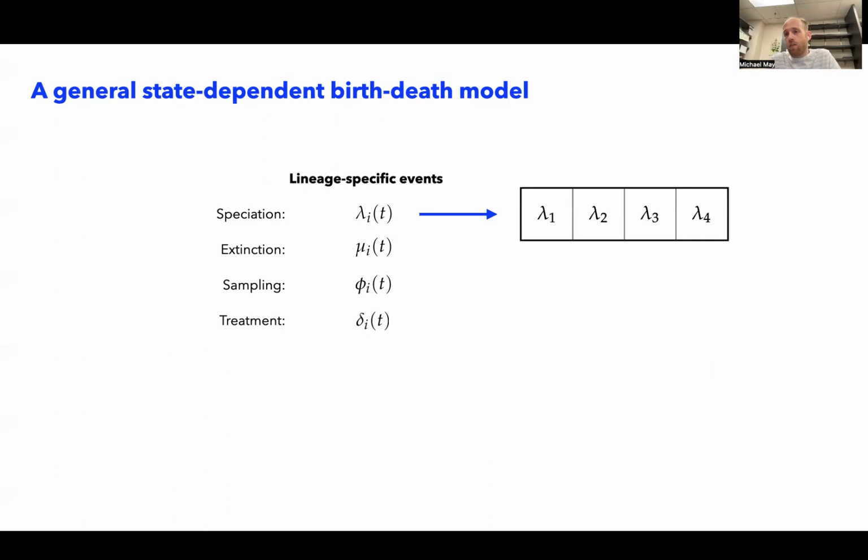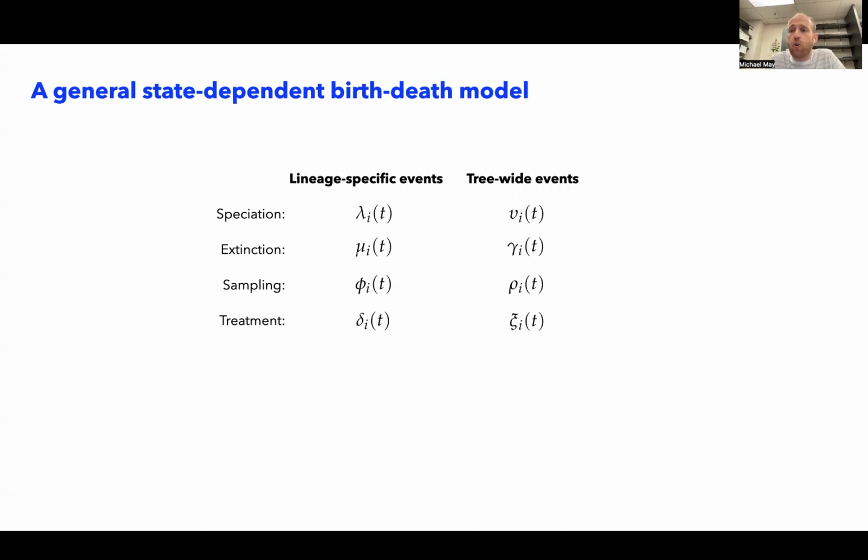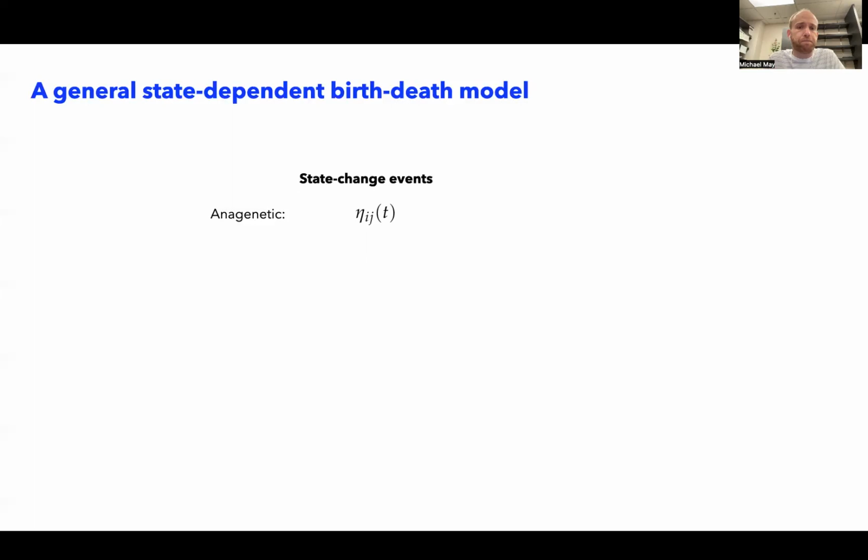We can represent, for example, the speciation rate for a character with 4 states as a vector, lambda 1 through 4. There are also tree-wide events. For every lineage-specific event, there's an equivalent tree-wide or mass event. So everybody is sampled, or everybody is potentially exposed to a mass extinction event, etc.